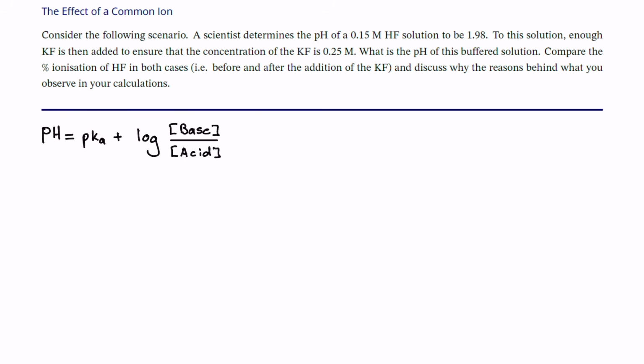Specifically for this example, it is pKa plus log of the concentration of F minus over the concentration of HF. Our base in this case is KF, but of course it is the conjugate base of the acid HF, so it's the F minus concentration, and the acid is HF, hydrofluoric acid.